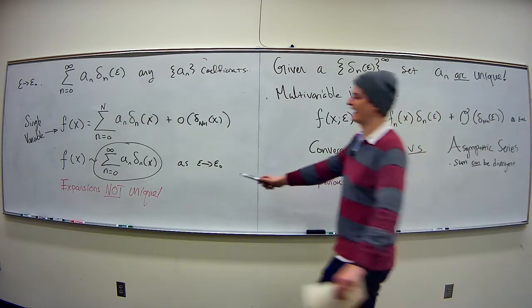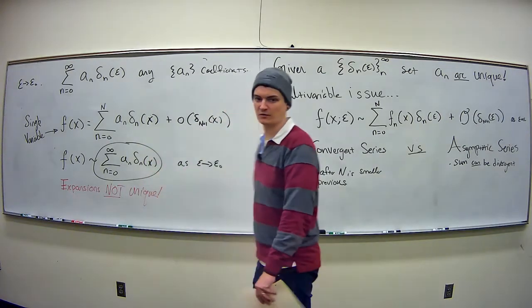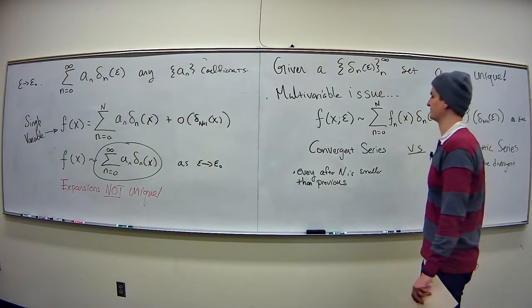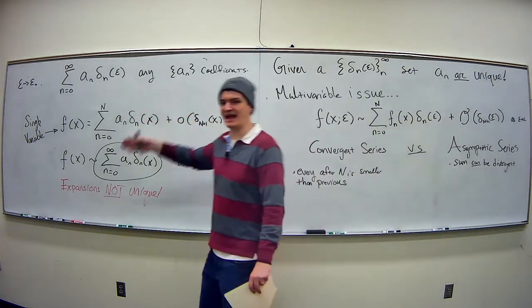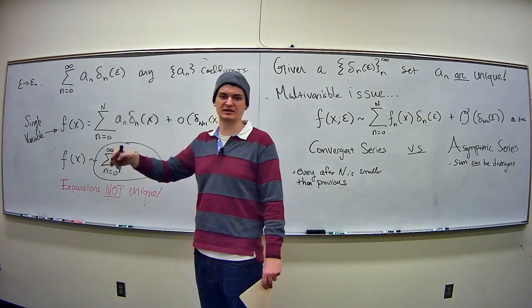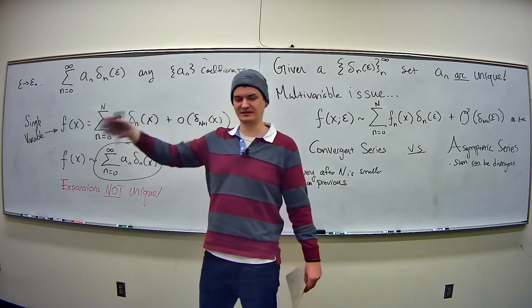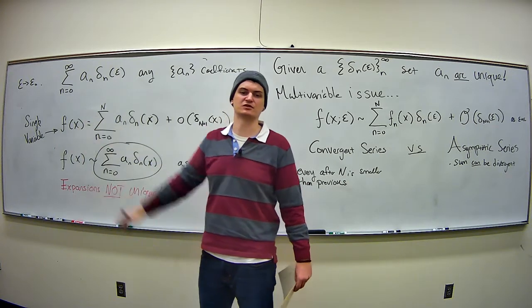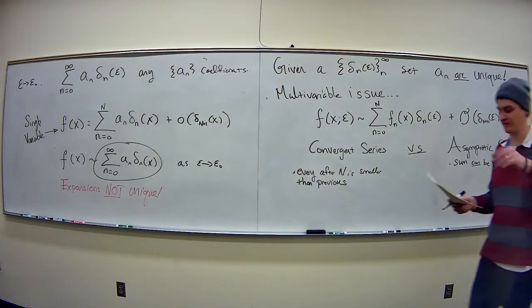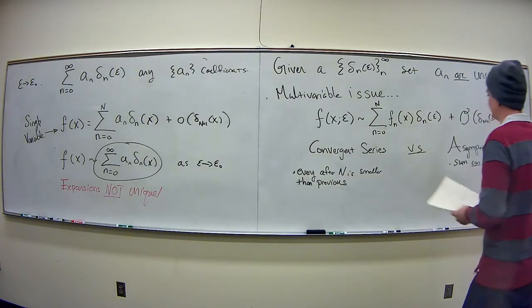It doesn't have to be the case that this is always getting smaller and smaller, limiting to some value. For convergent series, if I take the 10th term, the 11th term, the 12th term, the 13th term, whatever value it's getting to, it's getting closer and closer to just one number. It is not the case with the asymptotic series. They could oscillate forever or whatever.